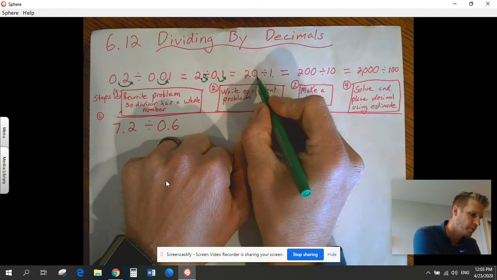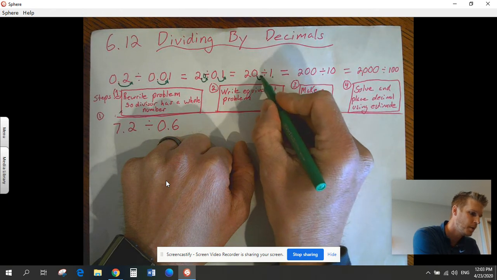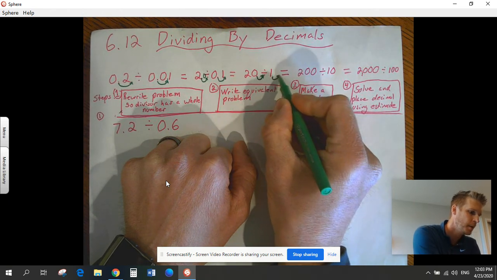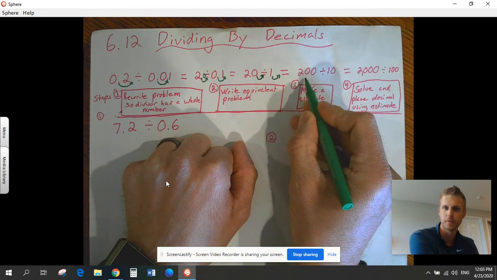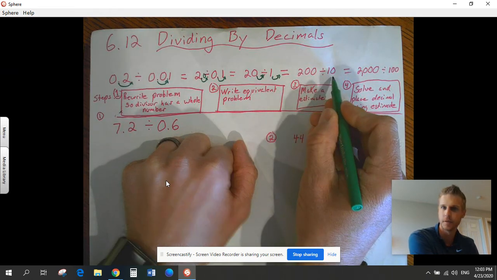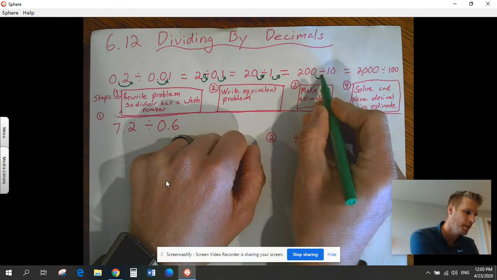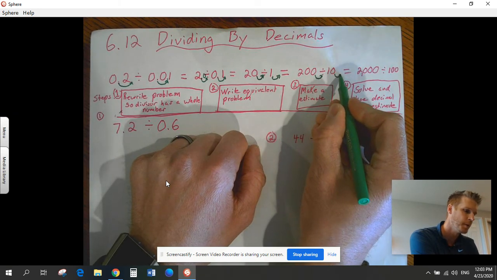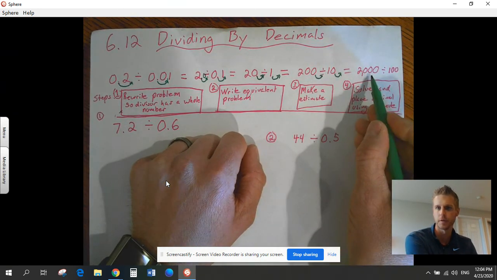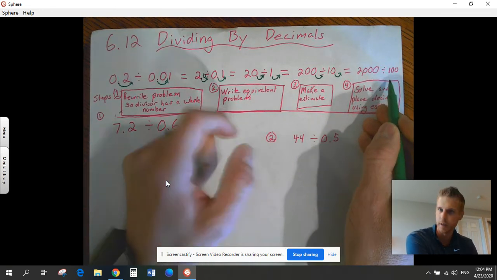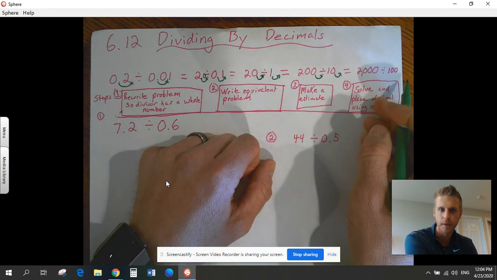Same thing. We're going to move it over one more here. You move it over one here. And now we have 200 divided by 10. Again, the answer would be 20. And again, we're going to move it over one place here and move it over one place here. And that would give us 2,000 divided by 100, which again, the answer would be 20.